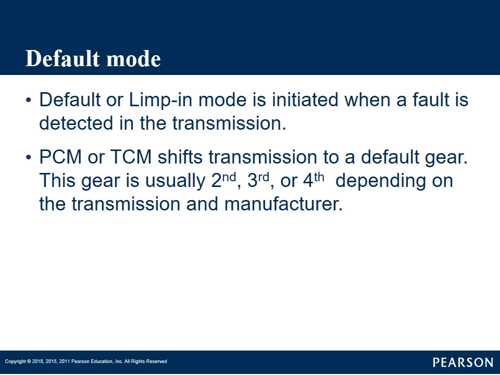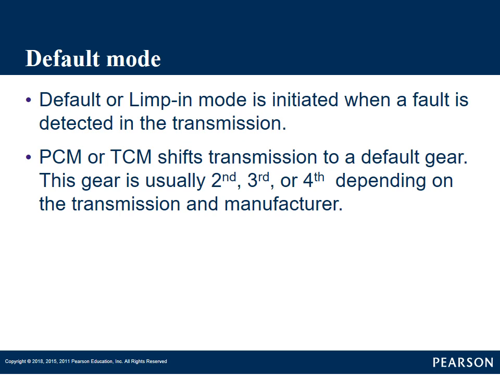Now we're going to talk about our default mode. With your electronic transmission, when a fault is initiated, most codes set in a transmission, or maybe even some codes out of an engine, will cause the transmission to default to a certain gear.